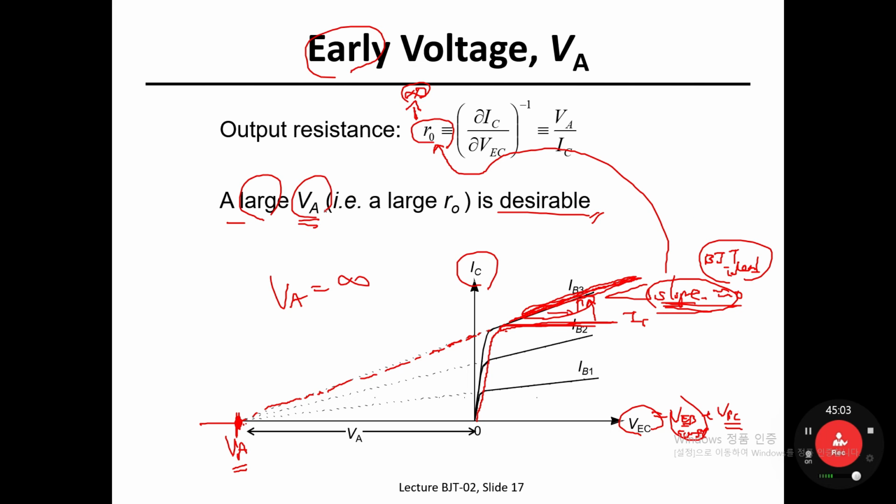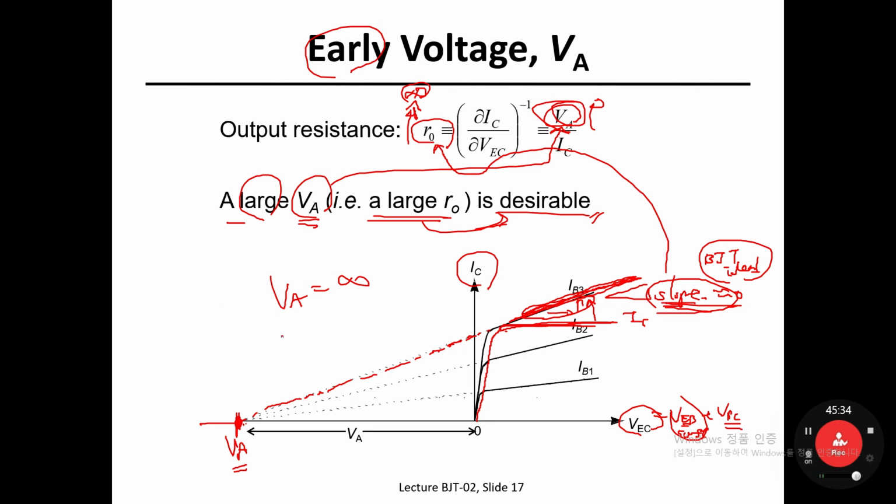A larger VA means your output resistance is larger, so larger output resistance is very desirable. When it comes to the analog amplifier, the output resistance is ideally infinite. So that is the main reason why your Early voltage should be infinite. The higher the Early voltage is, the better it is.